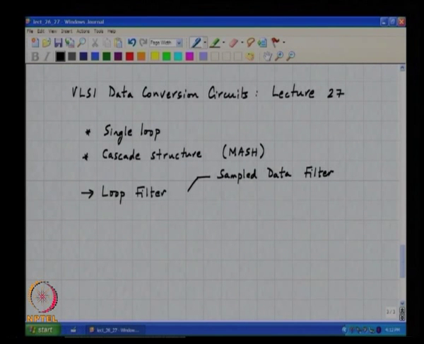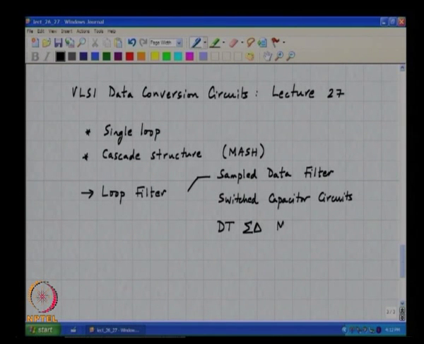right, and is often implemented using what are called switched capacitor circuits. And since the signals inside are all discrete time and analog in nature, these are what are called discrete time sigma delta modulators.